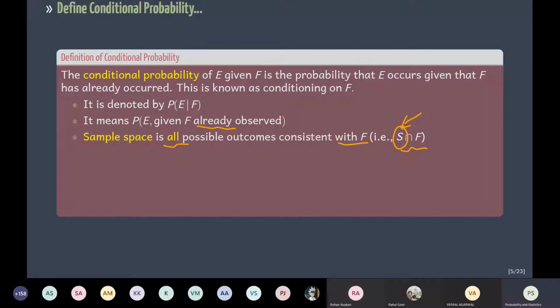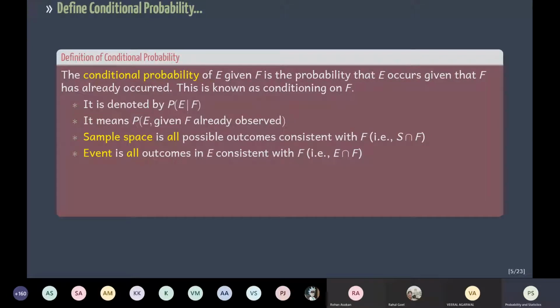Since F is an event, F is a subset of S, so S intersection F must be F. By our definition, any event F is a subset of S. If someone gives you some arbitrary set that may be outside S, then you take an intersection to make it relevant. So S intersection F.